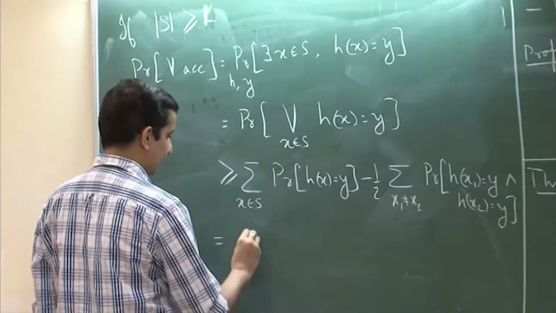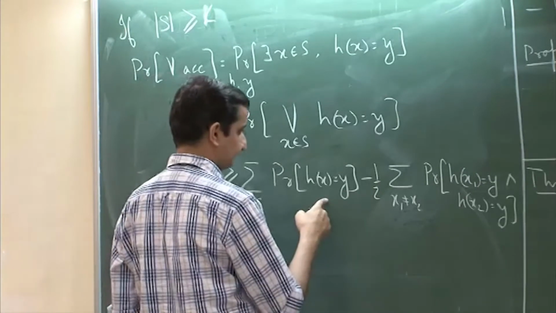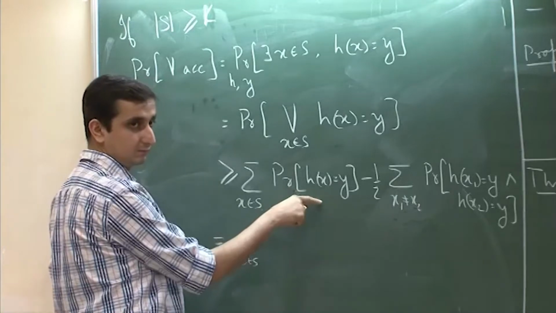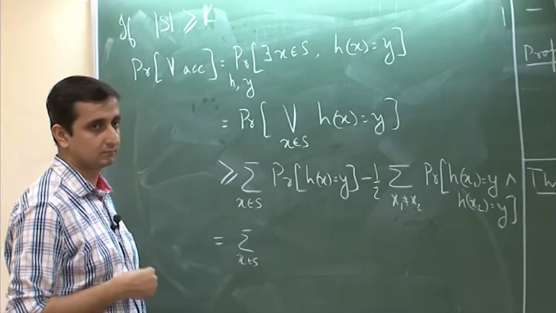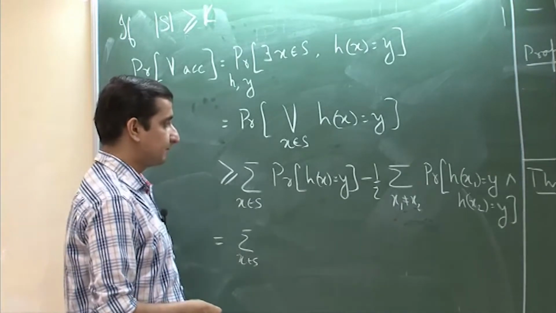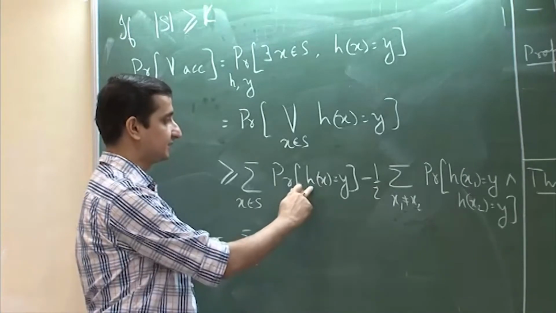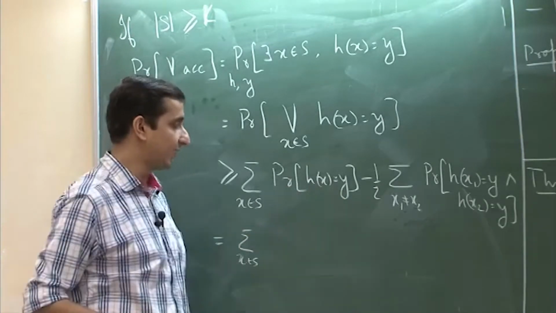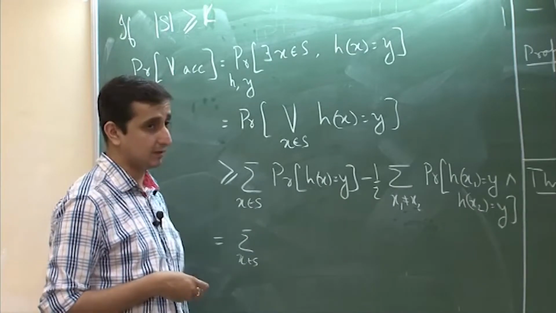What is this probability? If you have random functions h and random string y, what is the probability that x will get mapped to y?